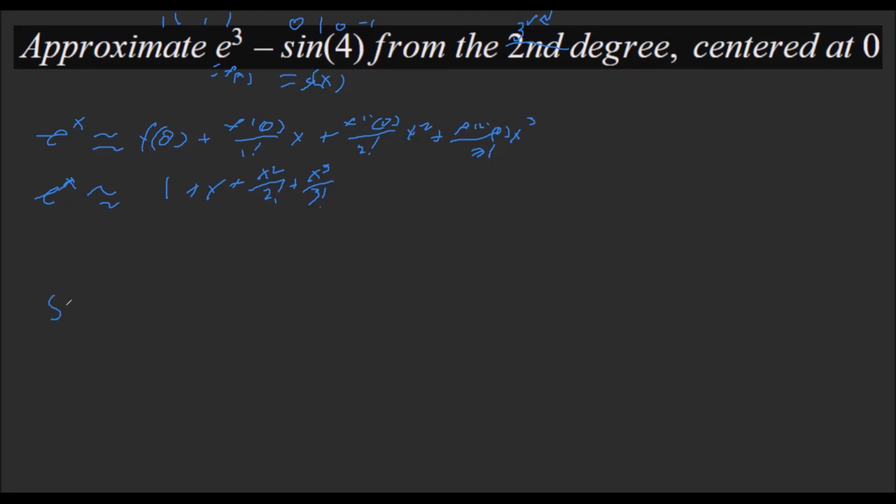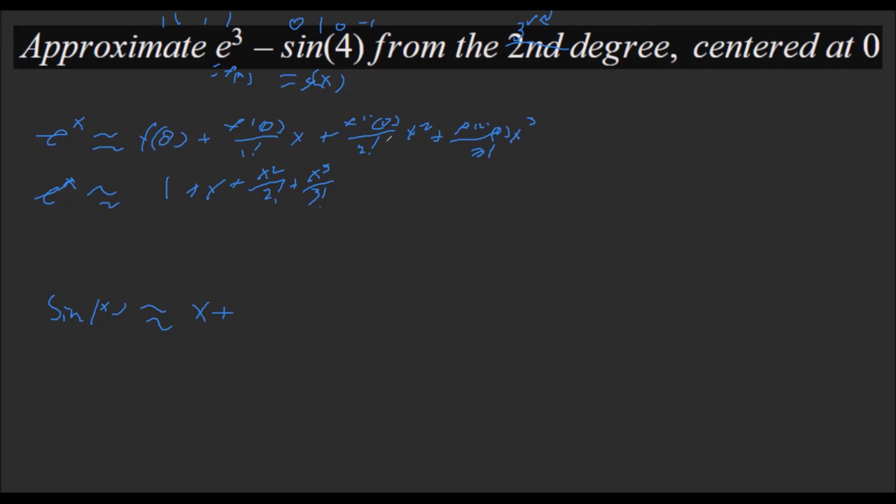Now, sine of x follows the same formula because it's a Maclaurin series. We'll just reference the one above. F of 0 in this case is going to be 0, so we'll omit the term, plus f prime of 0, which is 1 over 1 factorial times x, which of course equates to x, plus f double prime of 0, which is 0, over 2 factorial times x squared.